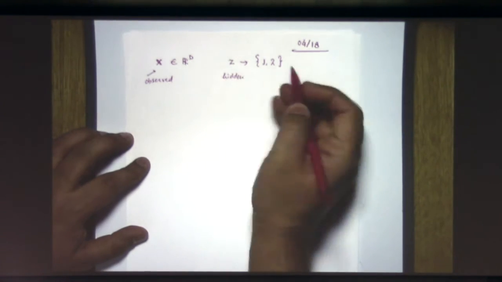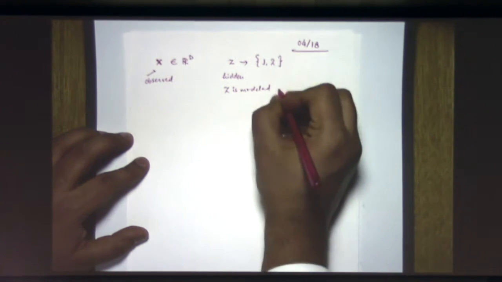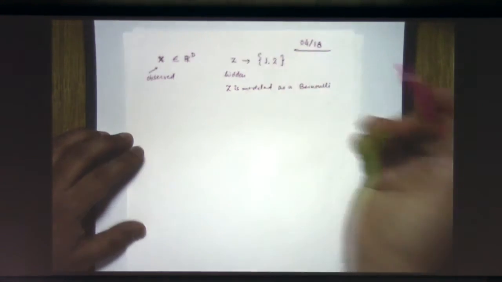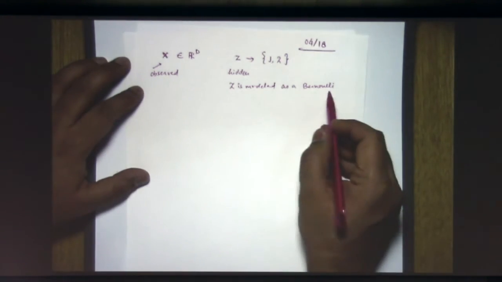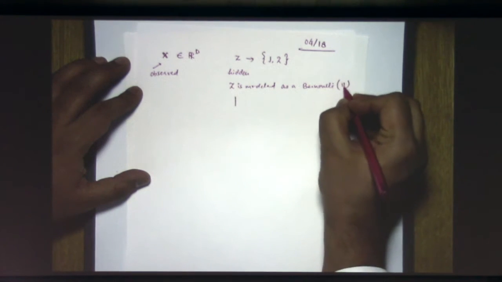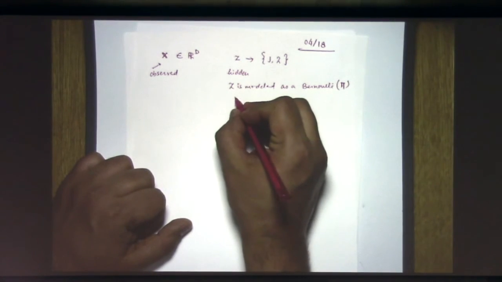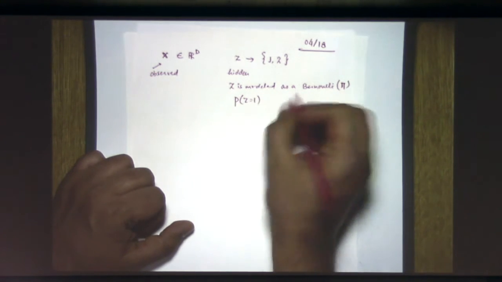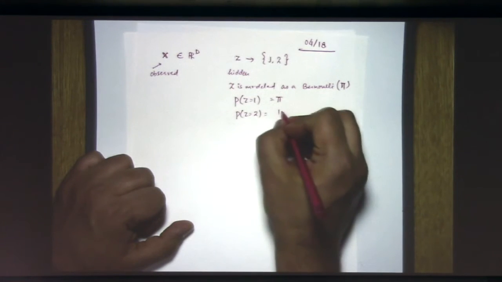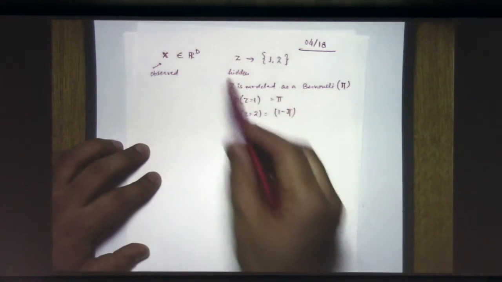We model z as a Bernoulli distribution, and later we can relax it and say if it takes k values, then it's modeled as a multinomial distribution. The parameter of this is pi, which is the probability of heads, okay? So we have 2 probability values here: probability of z equal to 1 is pi, and probability of z equal to 2 is 1 minus pi, right? So that's just the Bernoulli distribution.